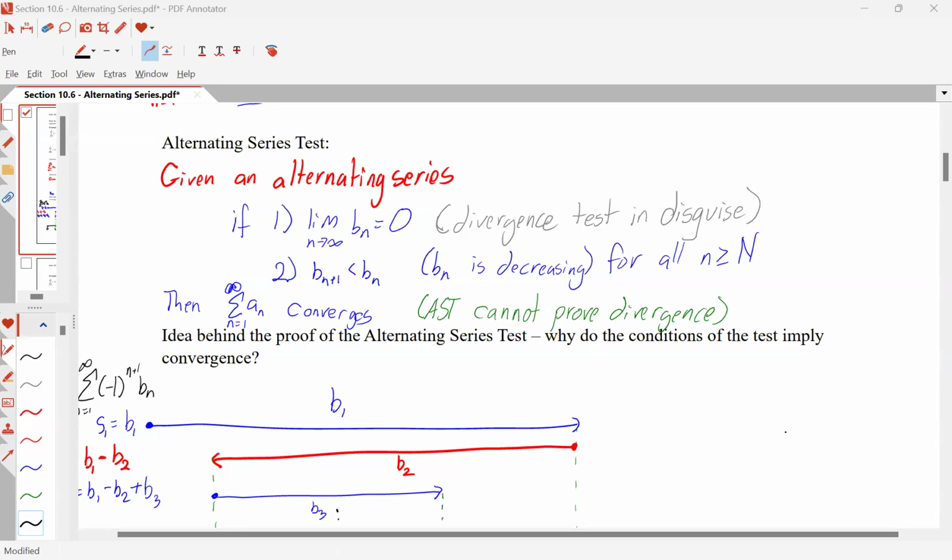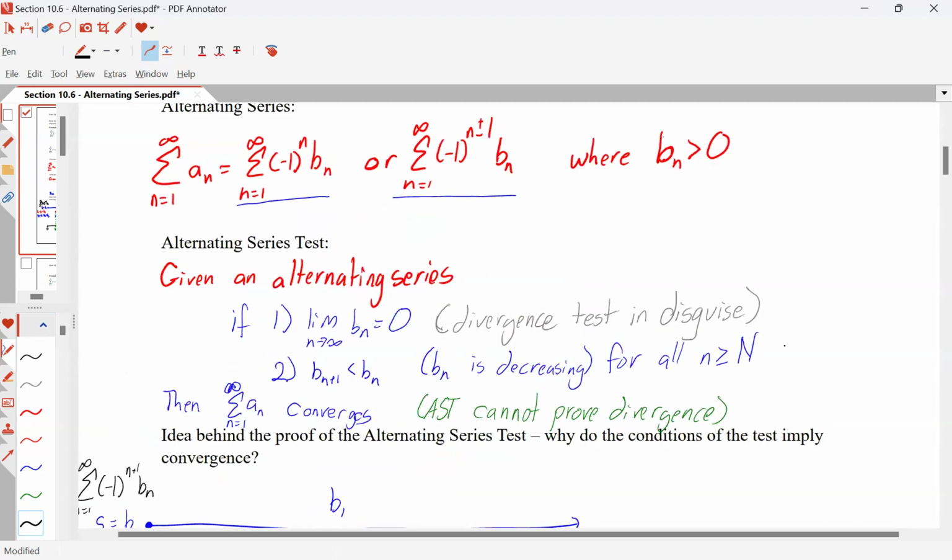In this video, we are going to take a look at some examples of actually using the alternating series test. So recall, an alternating series is a series that just switches terms back and forth between positive and negative. And then the test says, look at the part that's not alternating.